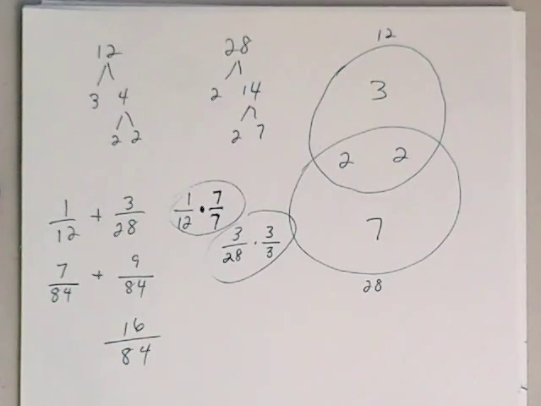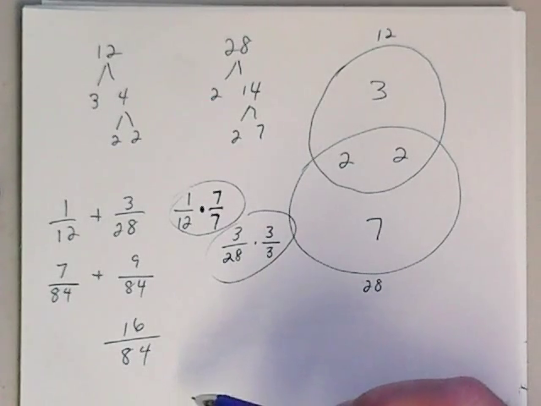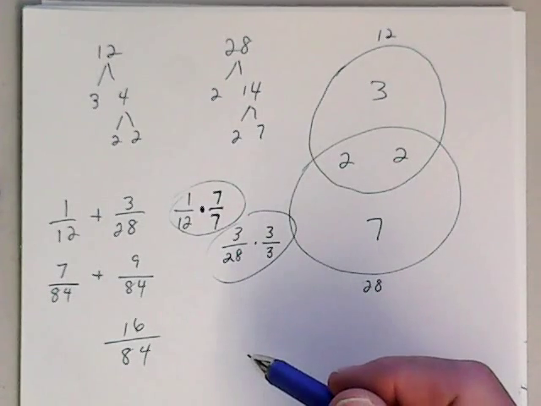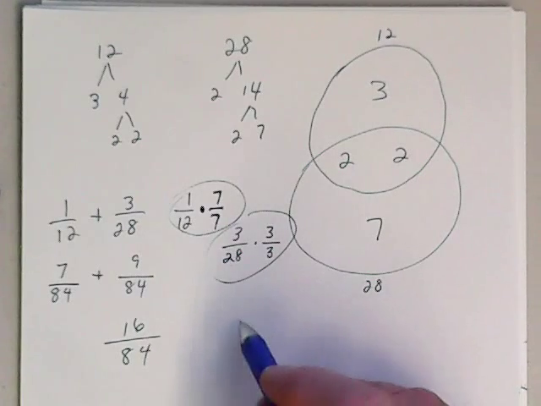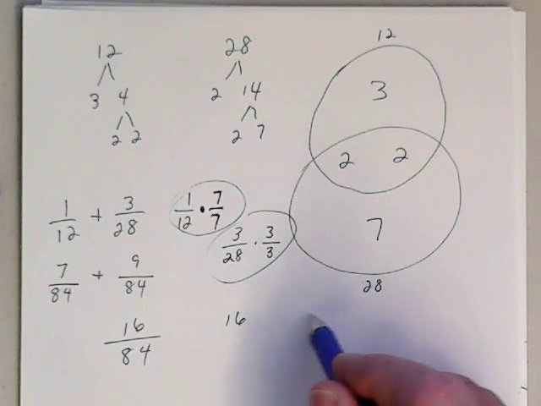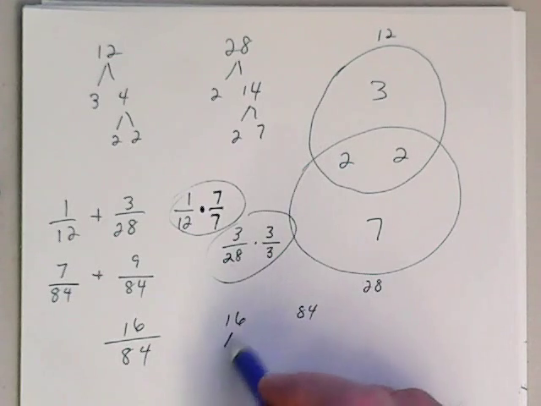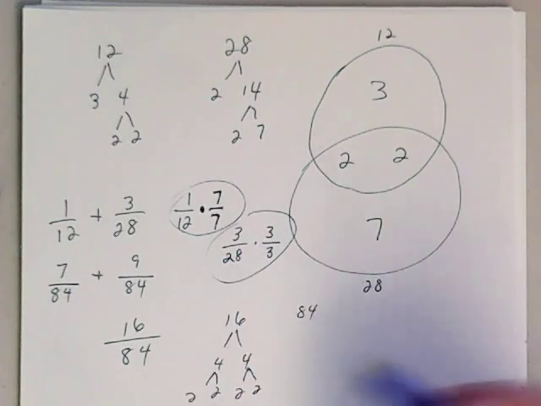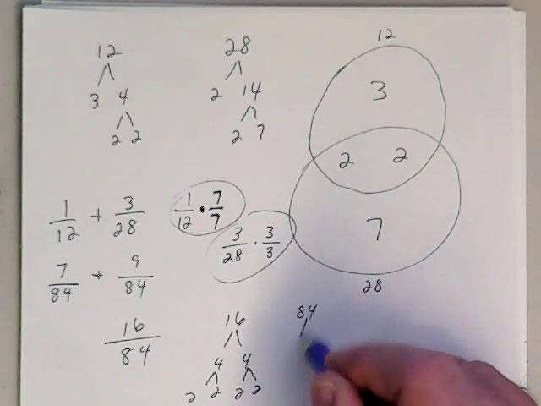Then what's the next thing that I have to do after I add a fraction? Well, it needs to be in simplest form. Well, here goes that prime factorization. If I want to make sure that I don't miss anything, I can prime factor each one of these numbers, 16 and 84. 16 is 2 to the 4th power, 2 times 2 times 2 times 2, if I said 4 times, right?